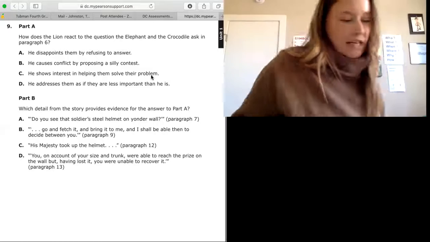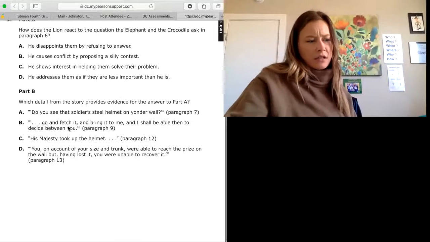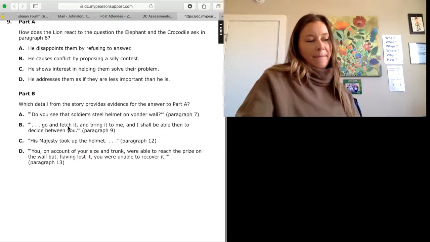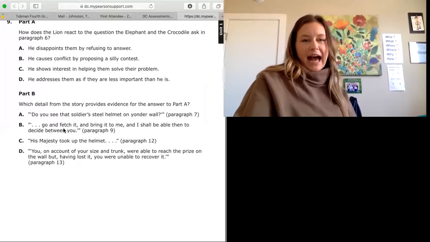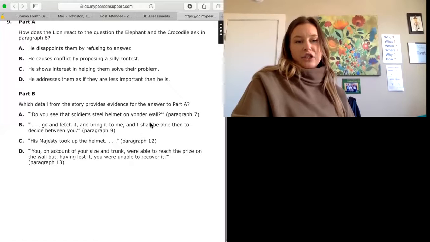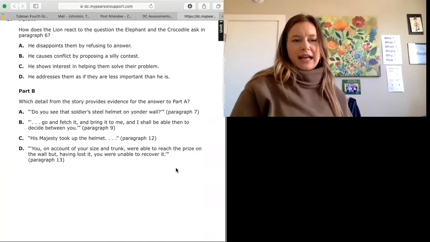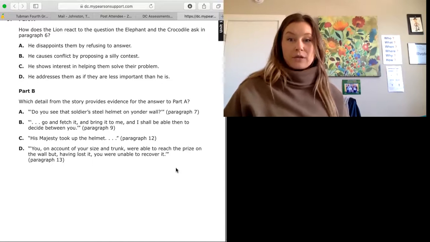B, I was looking at the wrong question, B says, go and fetch it. Bring it to me and I shall be able to decide between the two of you. C, His Majesty took upon the helmet. Or D, on account of you, your size and trunk were able to reach the prize on the wall, but having lost it, you were unable to recover it. So which was the thing that was going to help them solve the problem?